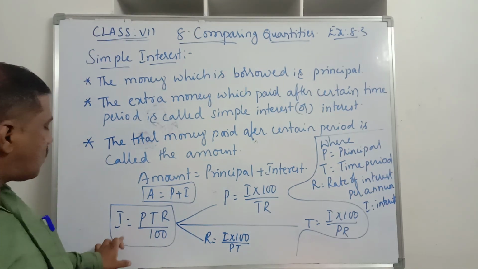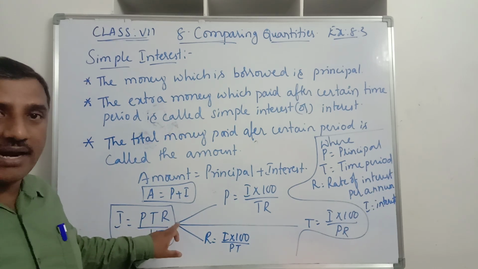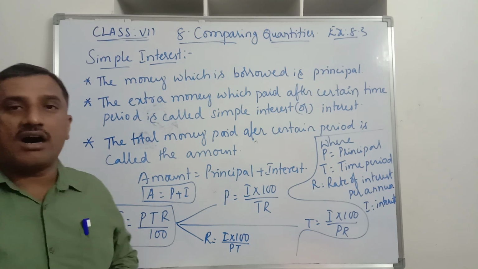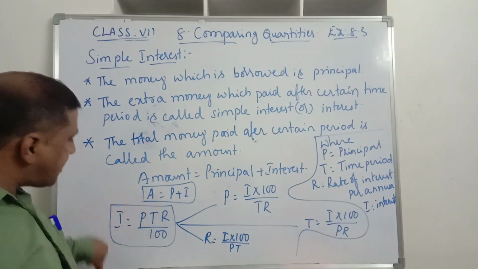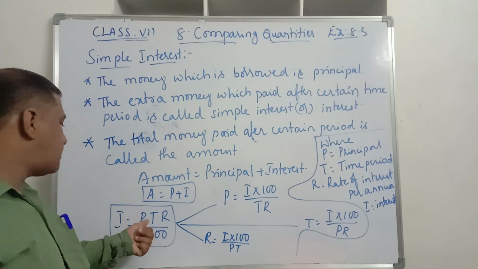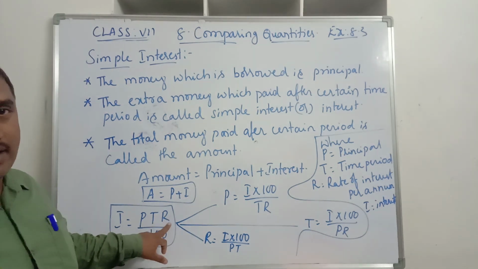I equals principal into time into rate of interest per annum by 100, or simply I = PTR/100. From this same formula we can also find the principal, the time period, or the rate of interest.